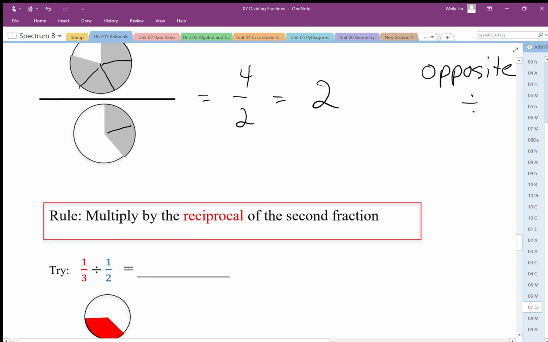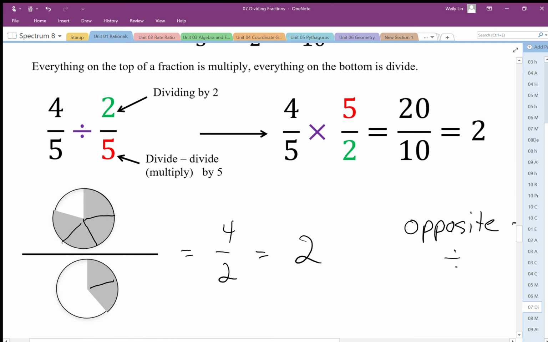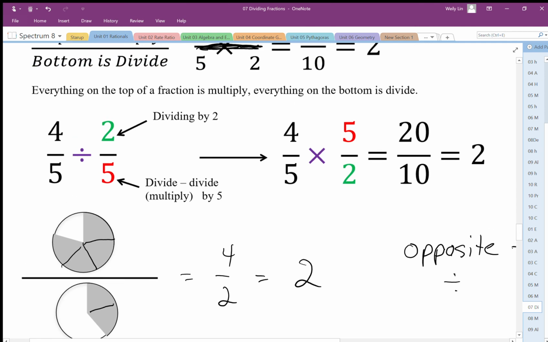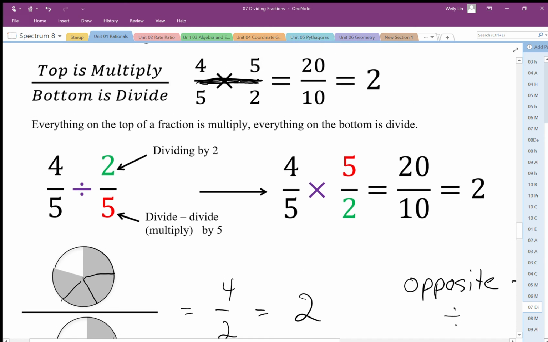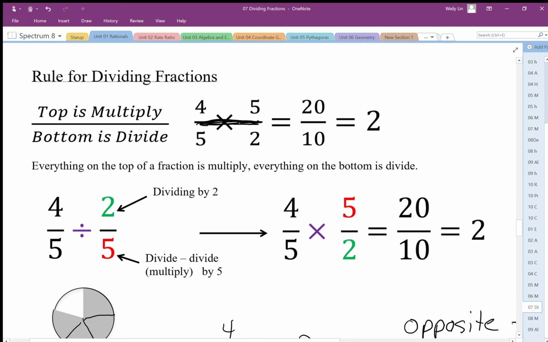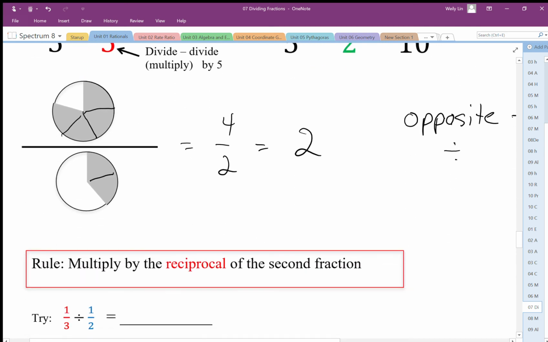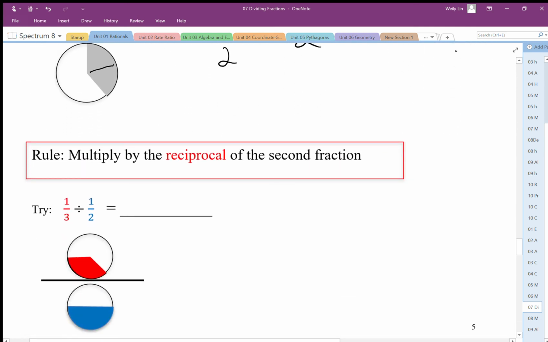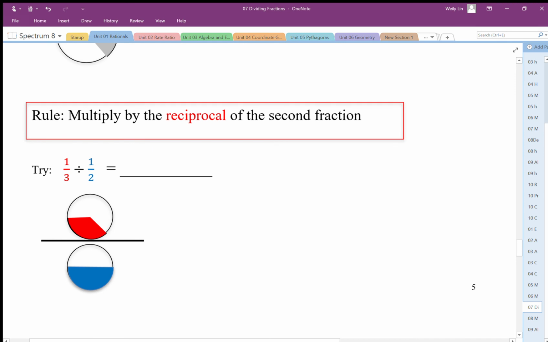Okay, so we have all these models for division. We have our area model, we have our ratio model, but really we should start thinking of this as times on top, divide on bottom. And if we do that, we can start using this rule. So instead of dividing, divide is a little bit more complicated.